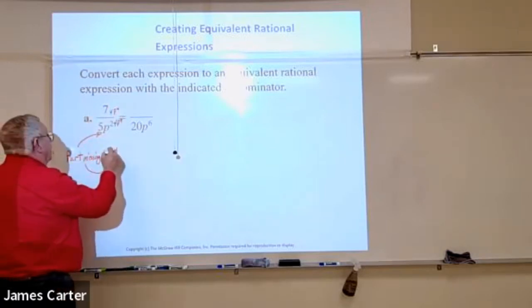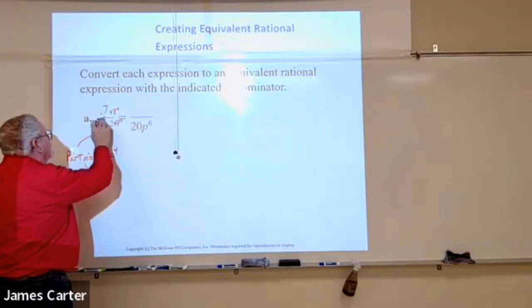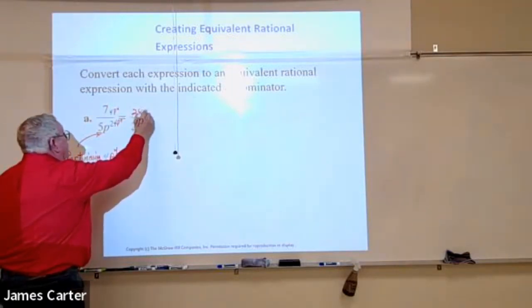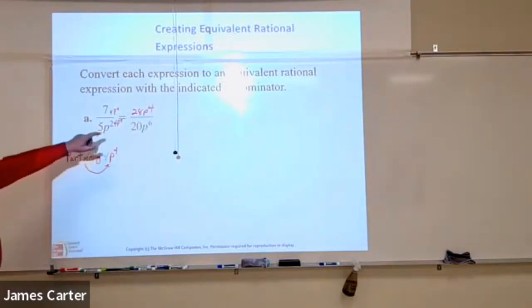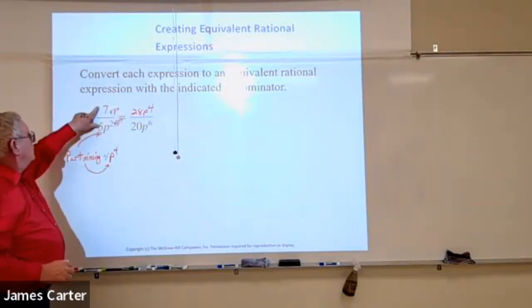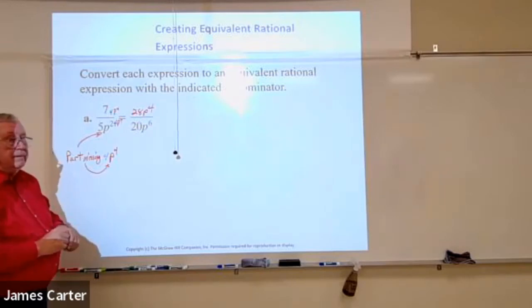So I multiply them both. Well, this stuff times that gives me that. This times that gives me 28 P to the 4th. This has equivalent value to that. Okay?